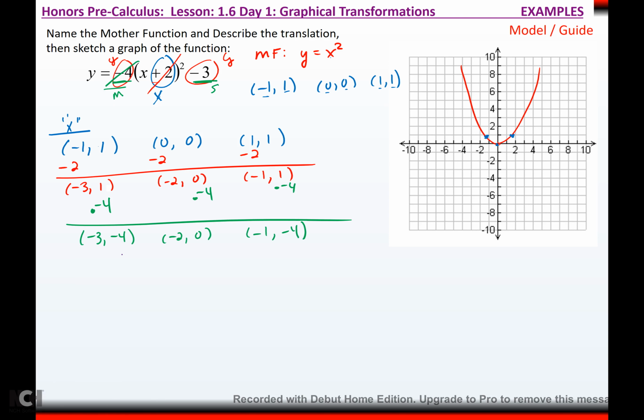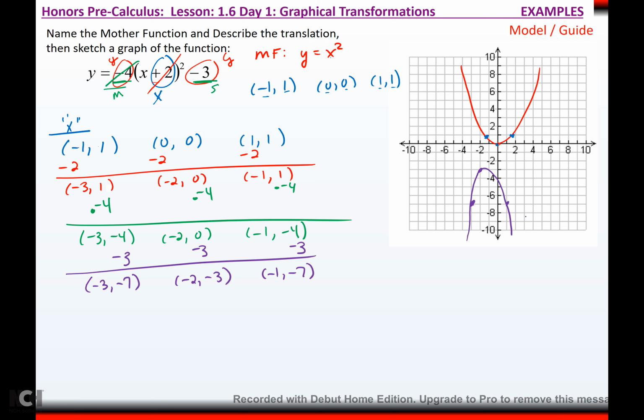Again, it's happening to y, so you don't do the opposite. So I'm going to subtract 3 from all of my y's. I get -3, -7, -2, -3, -1, -7. If I plot those points, -3, -7, -2, -3, and -1, -7, you get this.